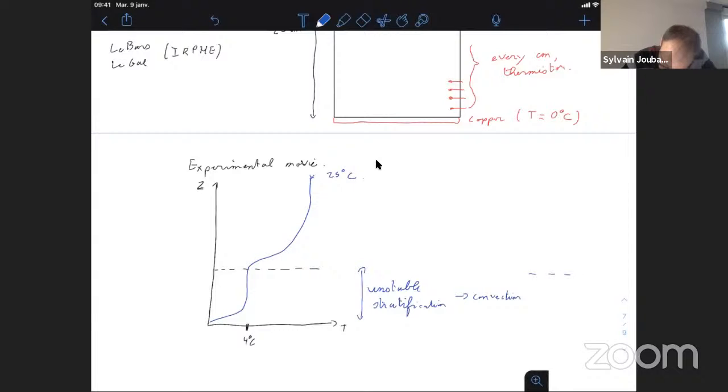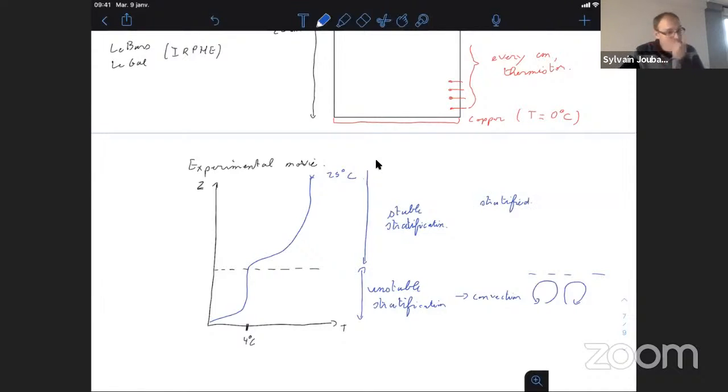And that's why you had this convective wall here. And here you have a stable stratification. And here you have some propagation. So here you have the stratified flows.